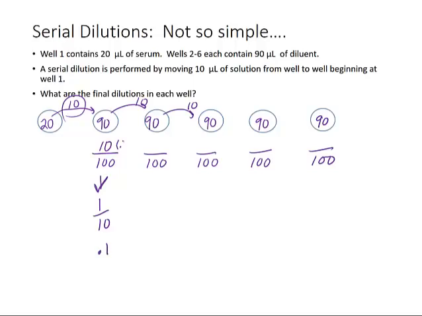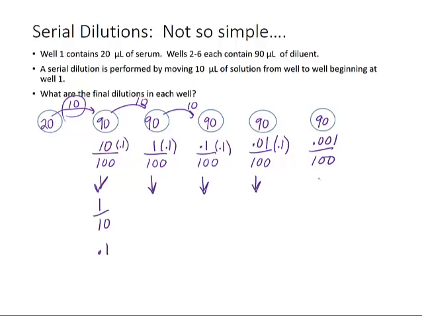So my multiplier is going to be 0.1. So 10 times 0.1 is 1 for tube 3. 1 times 0.1 is 0.1. 0.1 times 0.1 is 0.01. And 0.01 times 0.1 is 0.001.